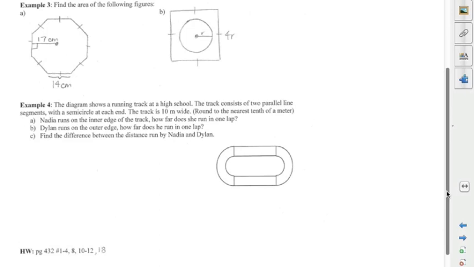There's a measurement that's missing on this track. The length across the track, from one side to the other, this inside part here, is 50 meters.